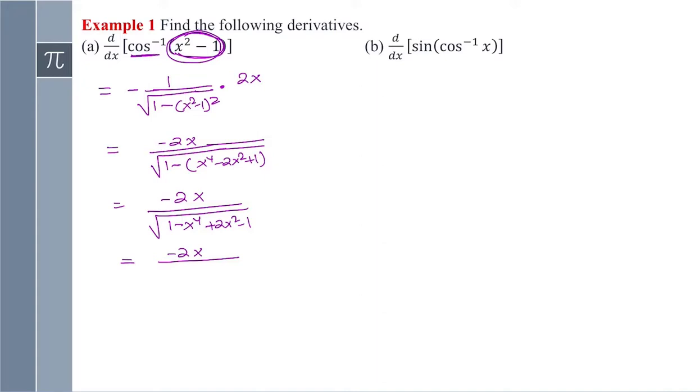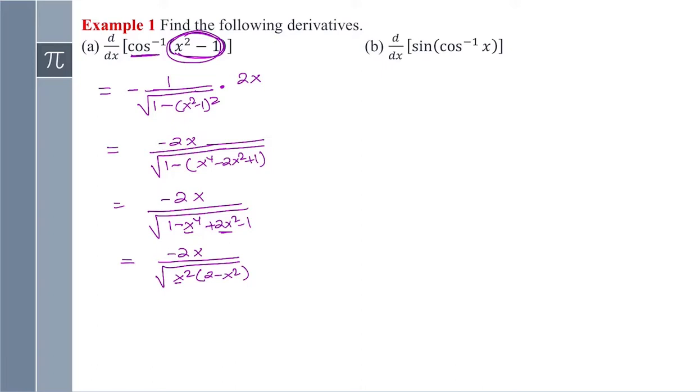Now, if we factor out x squared from the bottom, we get the square root of x squared times 2 minus x squared. So x squared times 2 is 2x squared, and x squared times negative x squared is negative x to the fourth.